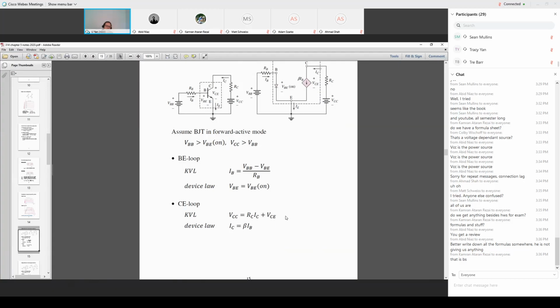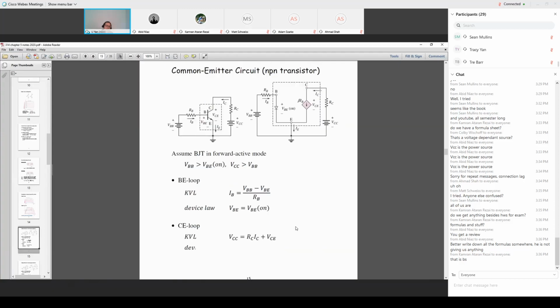As I said on the first day of class, you need to combine Kirchhoff's law and device law. Here the new device law is the transistor device law, which says IC equal to beta times IB. That basically tells me the dependent source is involved.